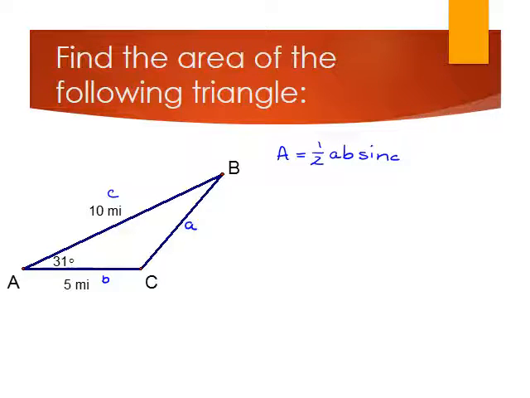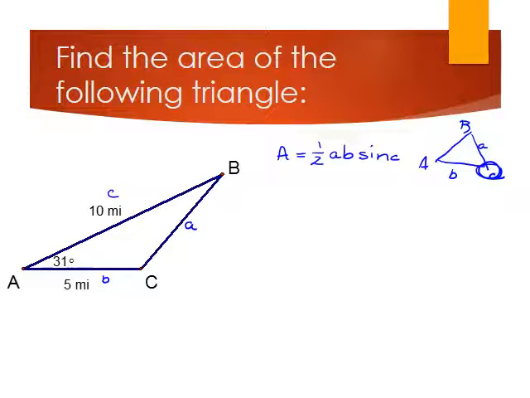So it would be if we know this angle here, so side A, B, and then the sine of C, which is this angle here, our included angle.